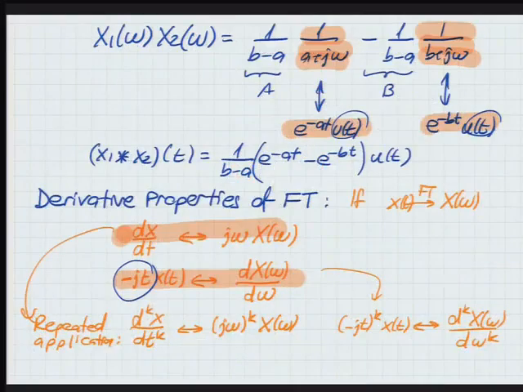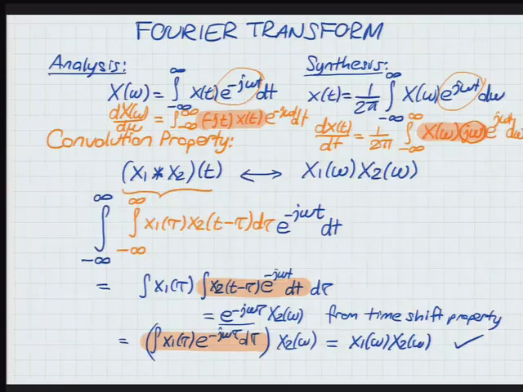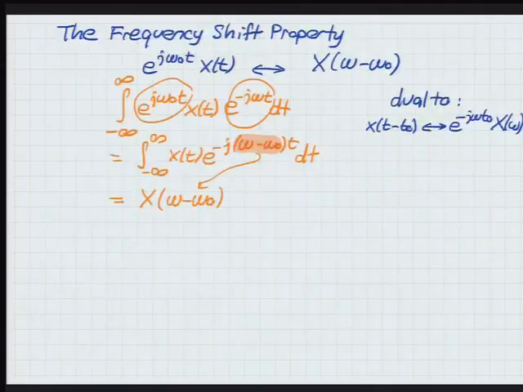So we observe that taking the derivative in time amounts to multiplying by frequency in the frequency domain, and taking the derivative in frequency amounts to multiplying by time in the time domain. So, if you look at the analysis and synthesis equations, they are not that different, right? I mean, they are both integrals. Omega and t change roles. There's a sign flip that usually spoils a perfect duality where everything is symmetric. Alright, but I really have to move on.